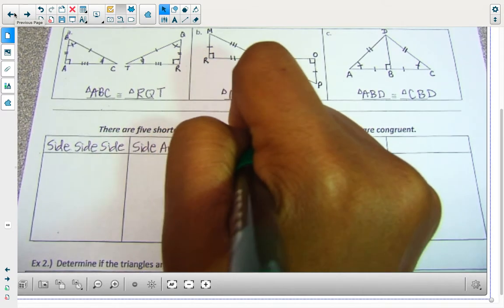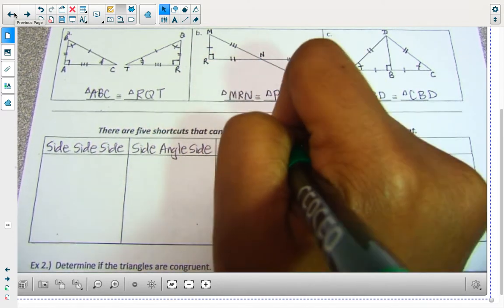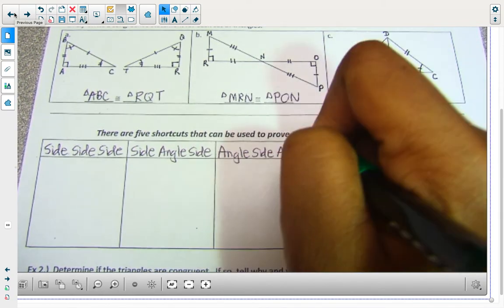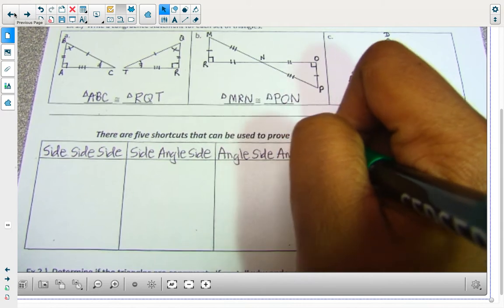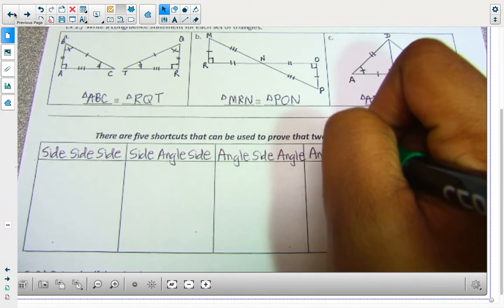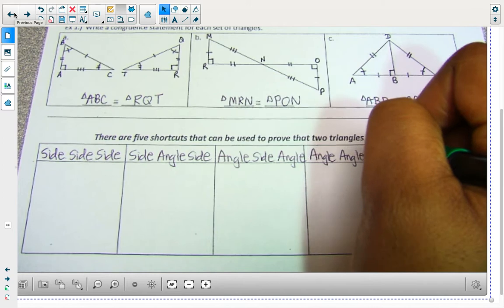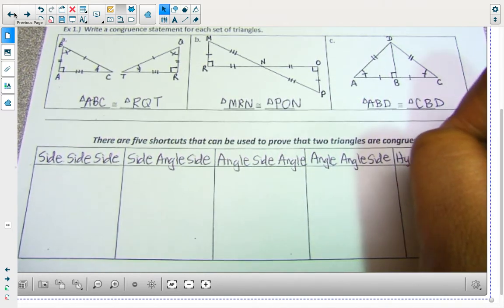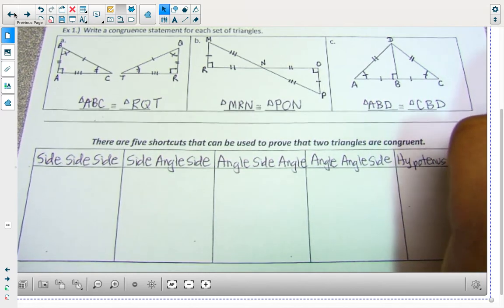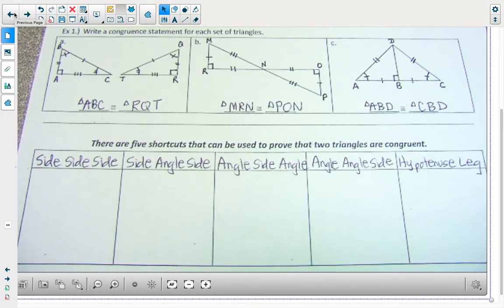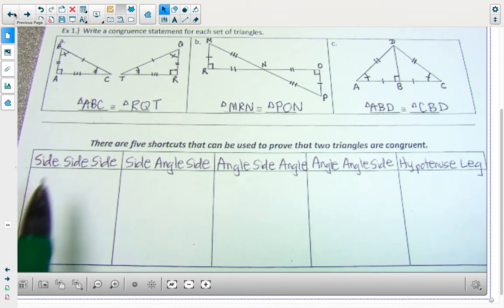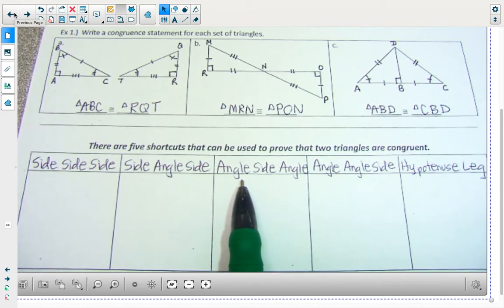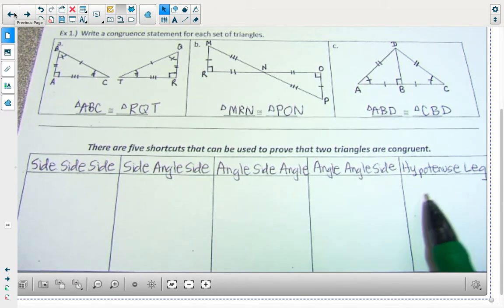The fourth is angle, angle, side. And the fifth one is hypotenuse, leg. So there are 5 triangle congruency theorems. We got side, side, side; side, angle, side; angle, side, angle; angle, angle, side; and hypotenuse leg.